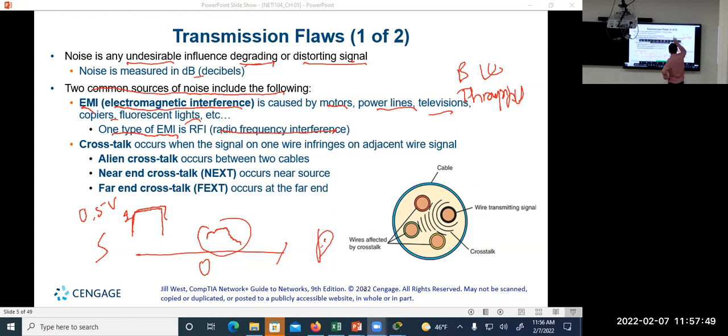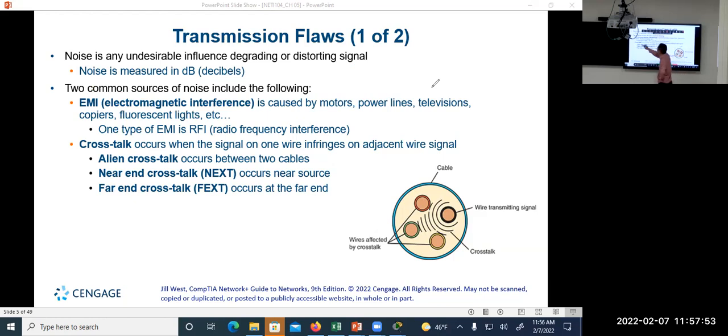The second one is crosstalk. Crosstalk occurs when the signal on one wire leaks out onto the adjacent wire. If you look at this one, it's the UTP cable. You see, they put the wires next to each other. When you put the wires next to each other, you have the possibility that the signal leaks out from this wire and impacts this wire here.